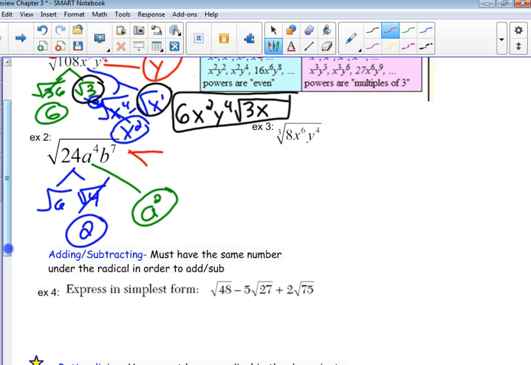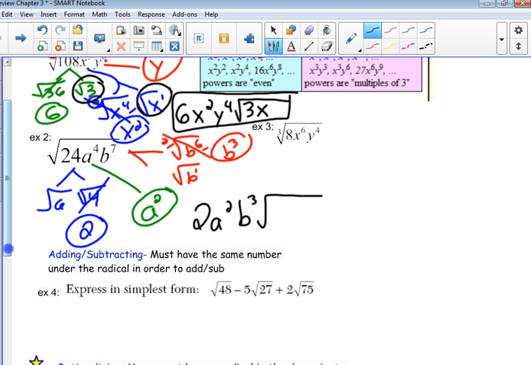What's the biggest even number? 6. Good job. Okay, so we got b to the 6th, b to the 3rd. That b to the 6th, remember the secret 2, so if we divide those, it's just going to be b cubed. Very nice. At the end, we should have a 2, a squared, b cubed, and then underneath, we have that 6 and a b.